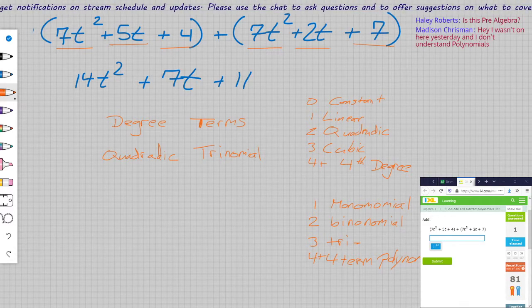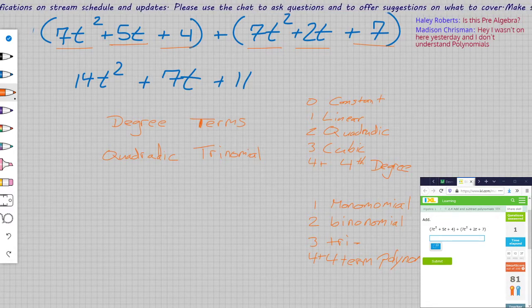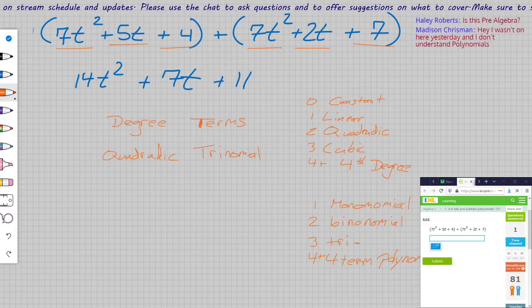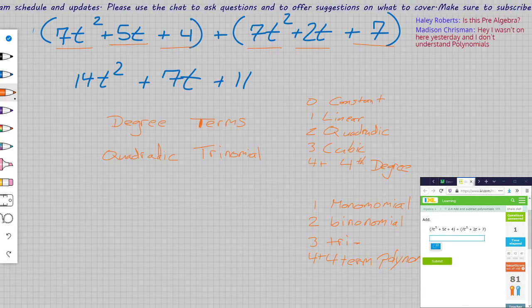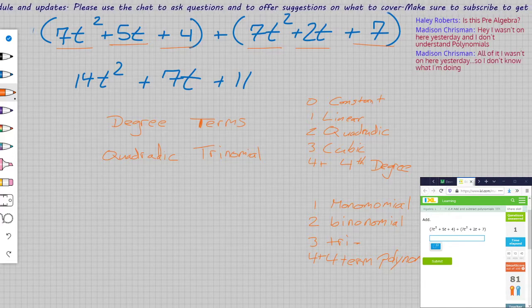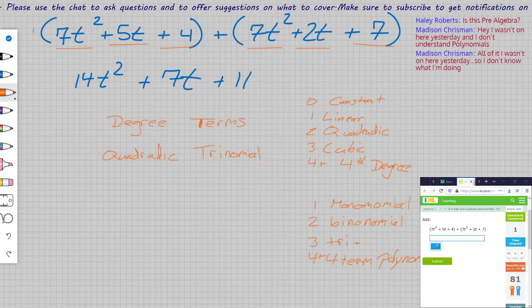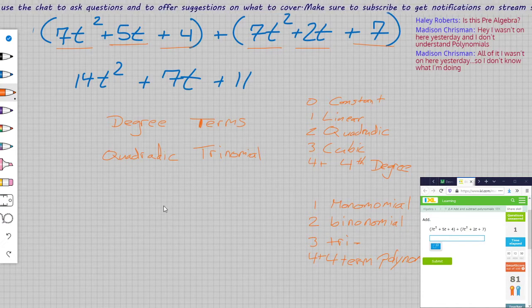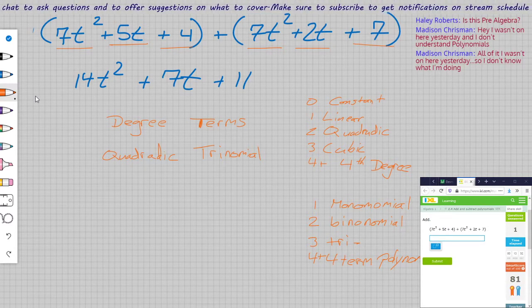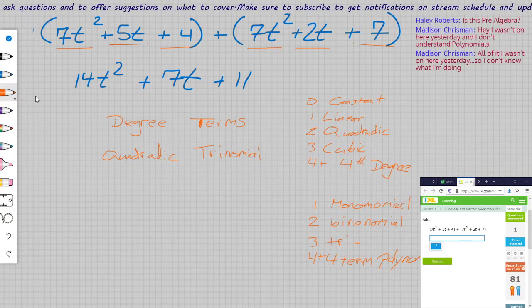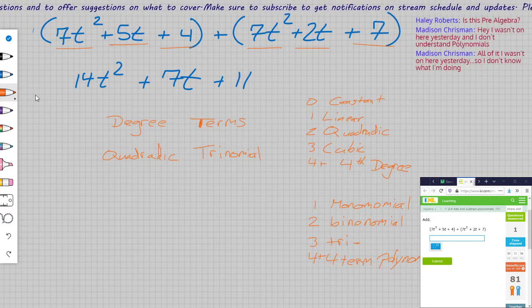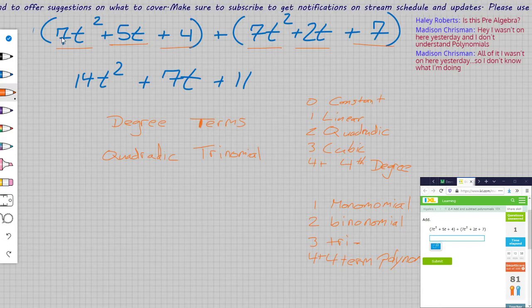I'm going to erase this, well, all of it. Okay, so Monday I went over the notes. I know there was already a video out there of Miss King going through the notes, and I just broke it down by going through the terms. Basically, when you're adding or subtracting monomials or polynomials, you want to have the degrees the same.